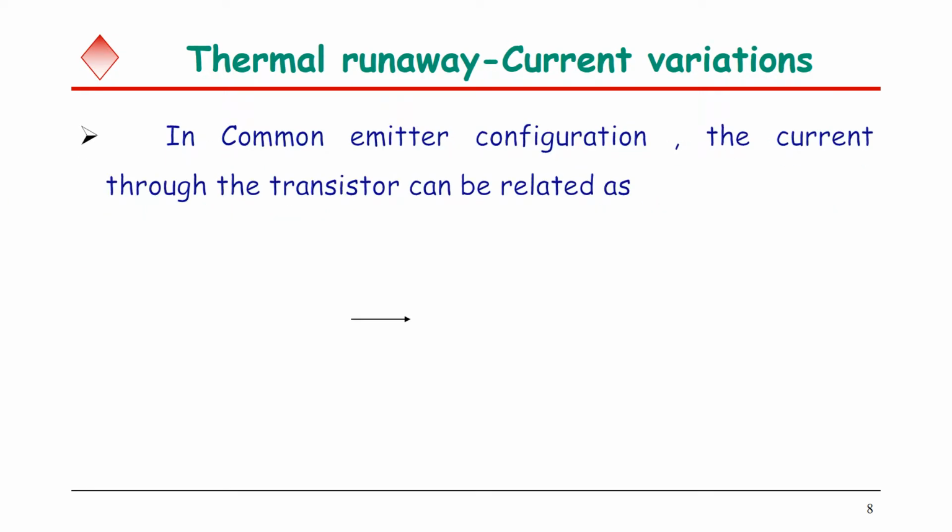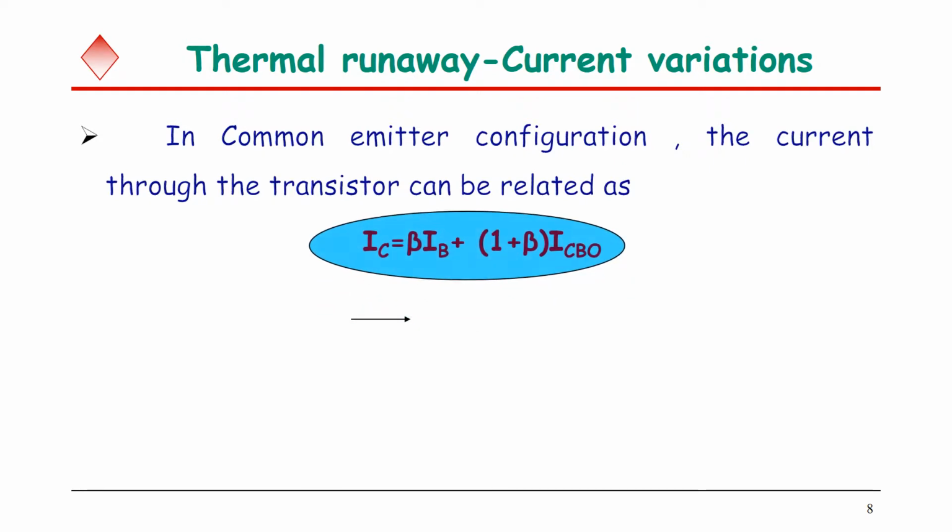Let us take the common emitter configuration as an example. The transistor currents are related by this expression: IC is equal to beta times IB plus (1 plus beta) times ICBO, where IC and IB are referred to as the collector current and base current respectively.